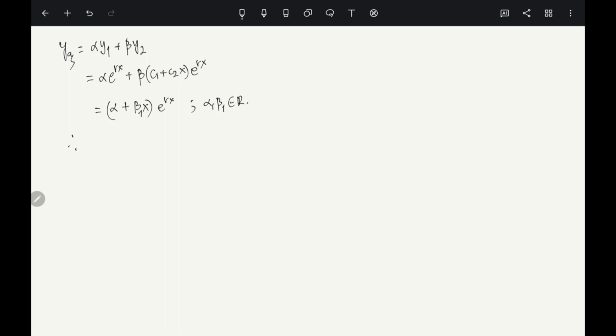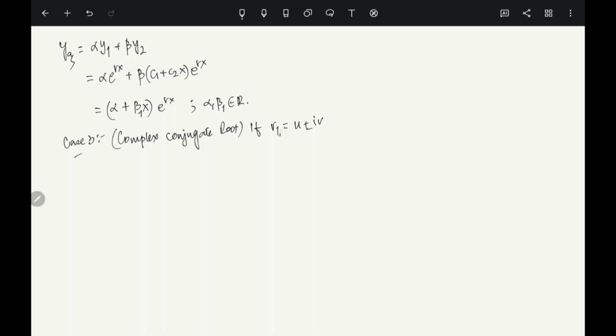Right. Now, let us look at the third case, case 3. What is case 3? It is the complex conjugate roots. What I mean by this is that you will have two roots: r1, 2 equals u plus or minus iv.